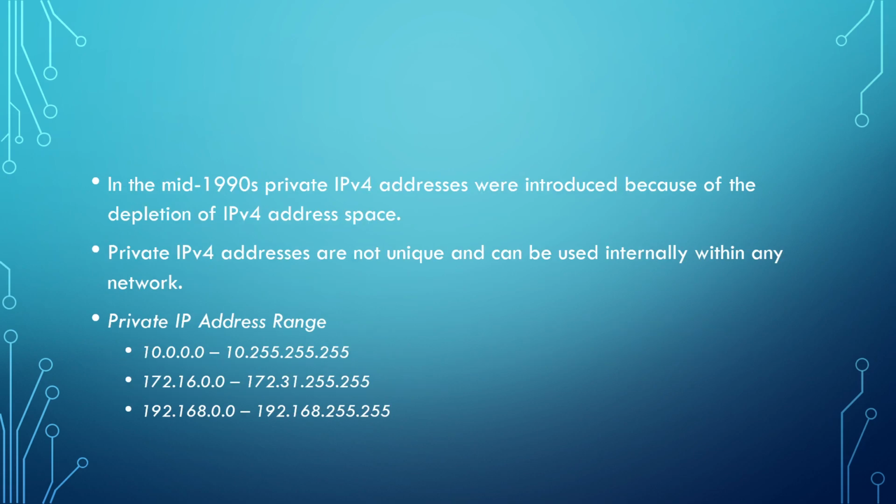In the mid-1990s, private IPv4 addresses were introduced because of the depletion of IPv4 address space. Private IPv4 addresses are not unique and can be used internally with any network. The IPv4 address ranges are: the first one is 10.0.0.0 to 10.255.255.255.